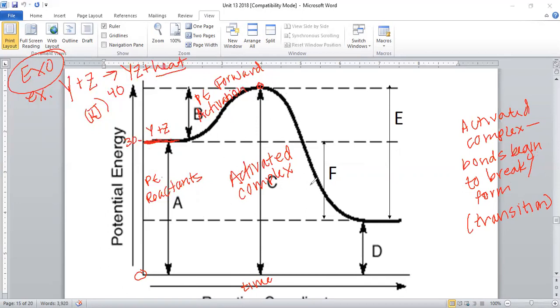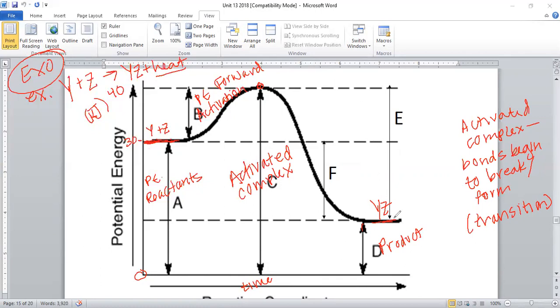All right, and then as I move down the hill, I finally make it to the end where I have YZ. So letter D, the end line to the bottom, represents the potential energy of your product. Okay, there are a few more lines we need to talk about. Let's talk about letter E first.